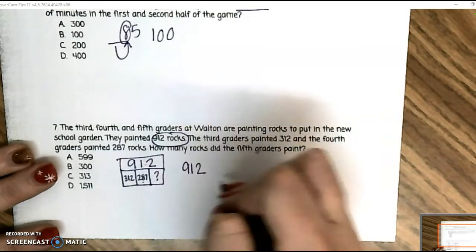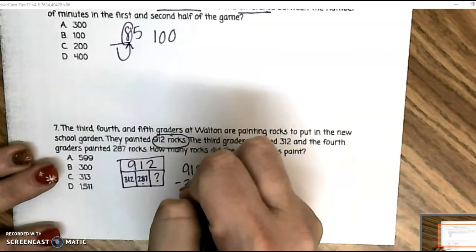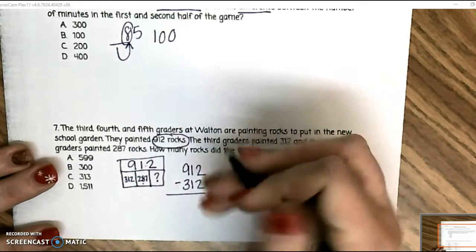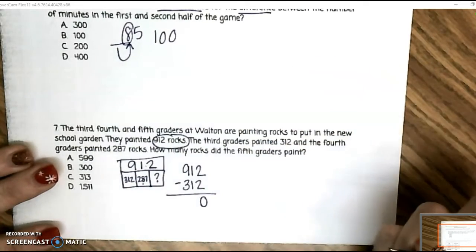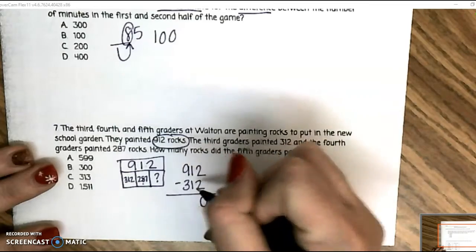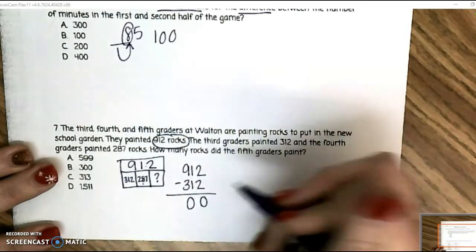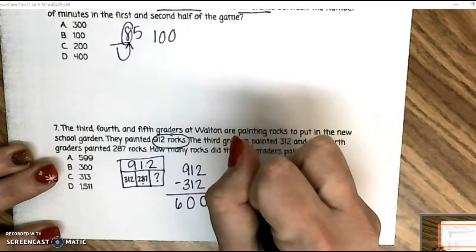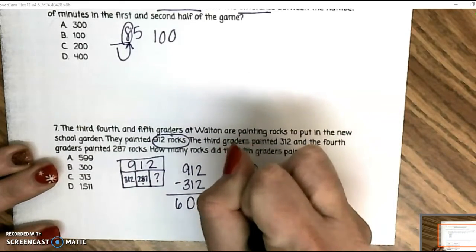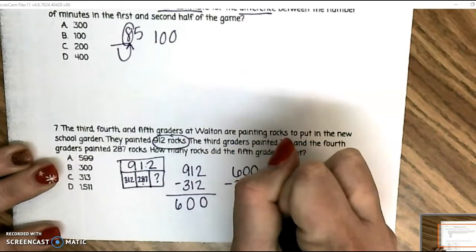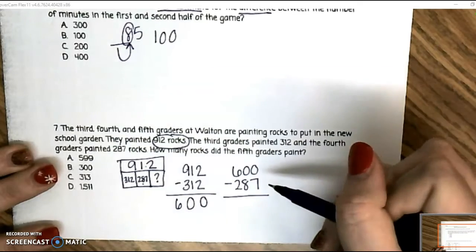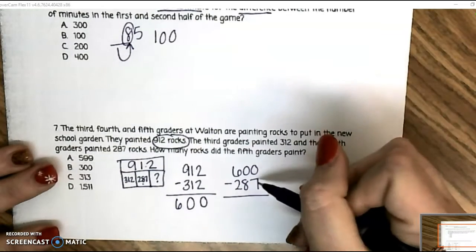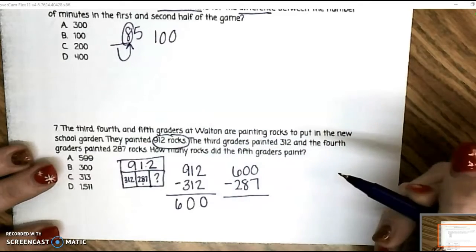So I'm going to do 912 minus 312. I have 2 and 2. Numbers the same, 0's the game. So that becomes a 0. 1 and 1, again, that's 0. And then 9 minus 3 is 6. So then I'm going to take the 600 and I'm going to subtract out what the 4th graders painted. And now I'm subtracting across zeros here, so there's a trick to solve because I don't want to have to borrow all the way across.